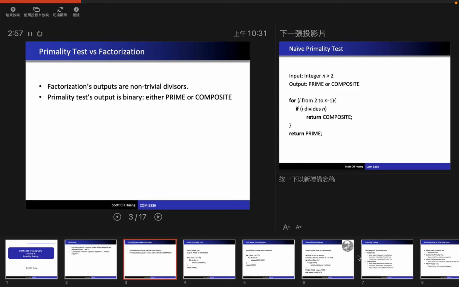But there is another class of algorithms that are not factorization, because factorization is harder. There are many other algorithms that just give you some information from the side, and those are more manageable.